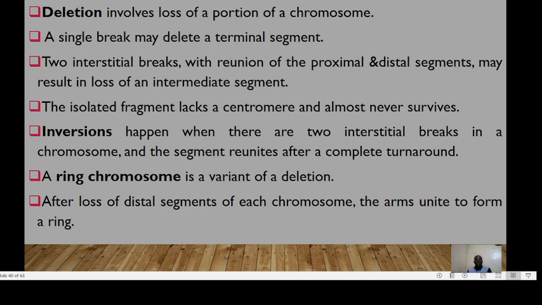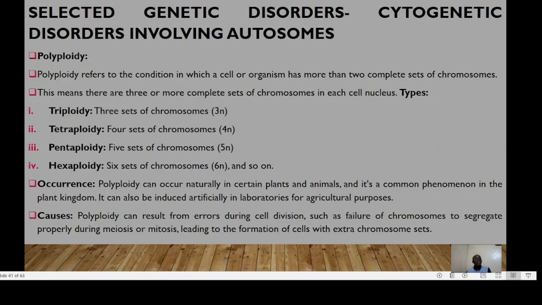Inversion happens when there are two interstitial breaks in a chromosome and the segment reunites after a complete turnaround. A ring chromosome is a variant of a deletion: after a loss of distal segments of each chromosome arm, the arms unite to form a ring. So we have selected genetic disorders.